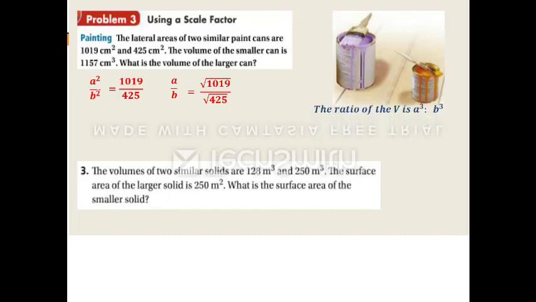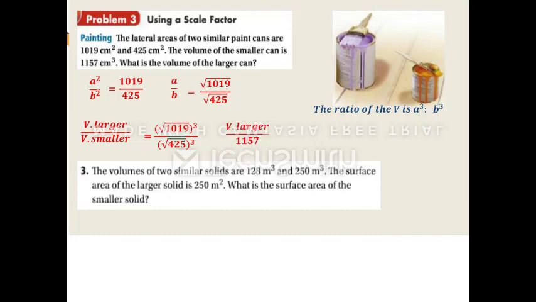Let's write this ratio a cubed to b cubed of the volume of the larger and the volume of the smaller equal the square root of 1019, which we will make cubed because we need to find the volume. Similarly, we will make the square root of 425 cubed. Remember that.